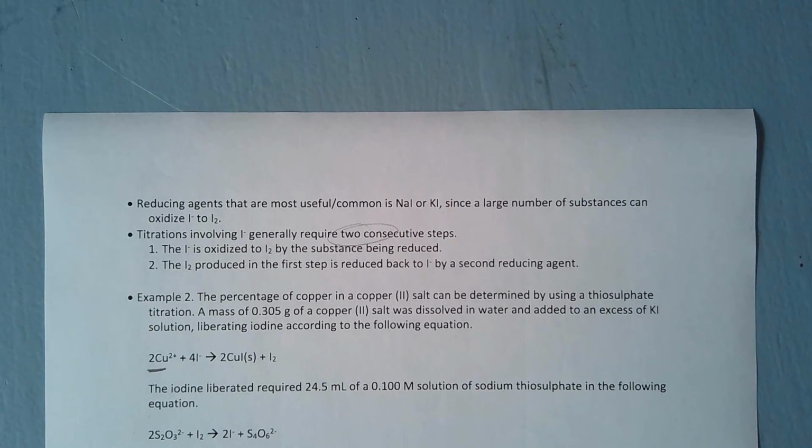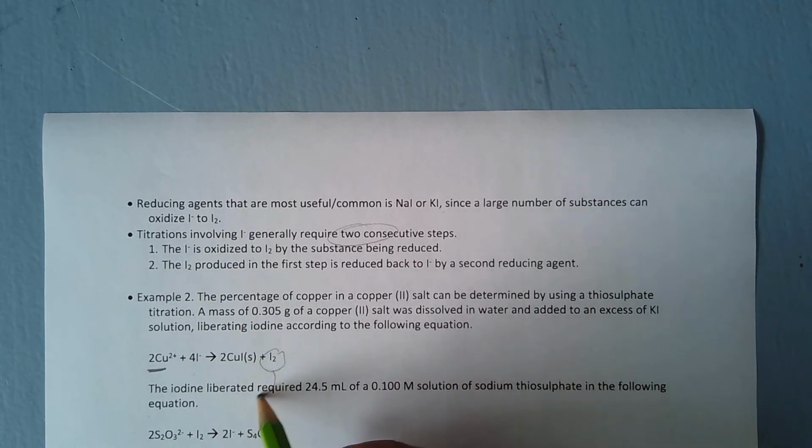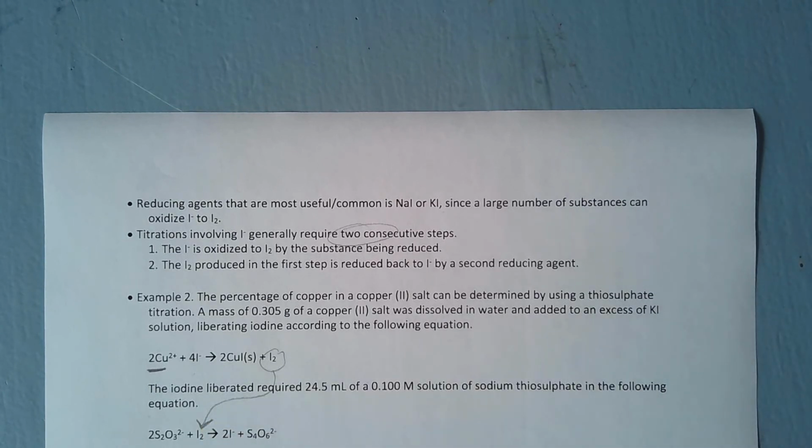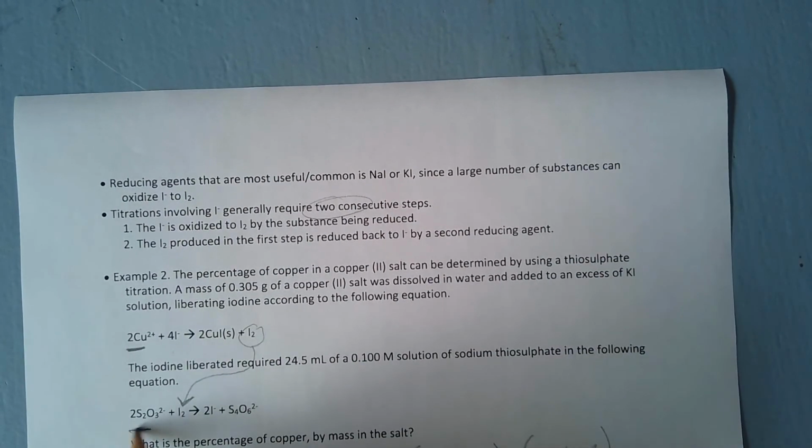And so what happens here is you have this reaction with iodine to produce the I2, and then the I2 is then used here in your titration. Okay, and so what you're using it against is the thiosulfate, okay, which is this one here.